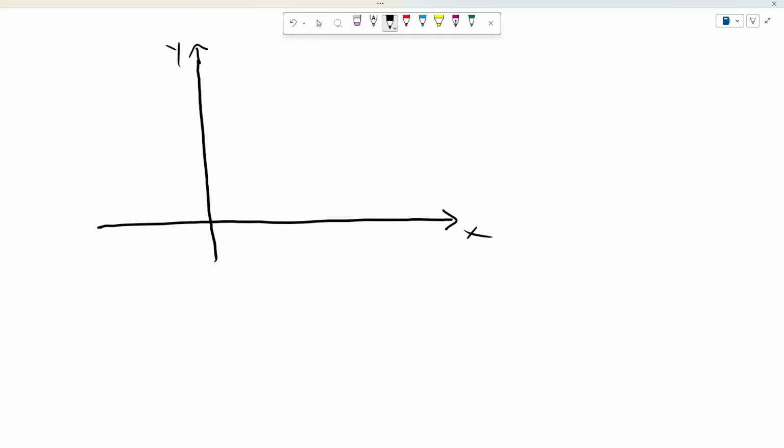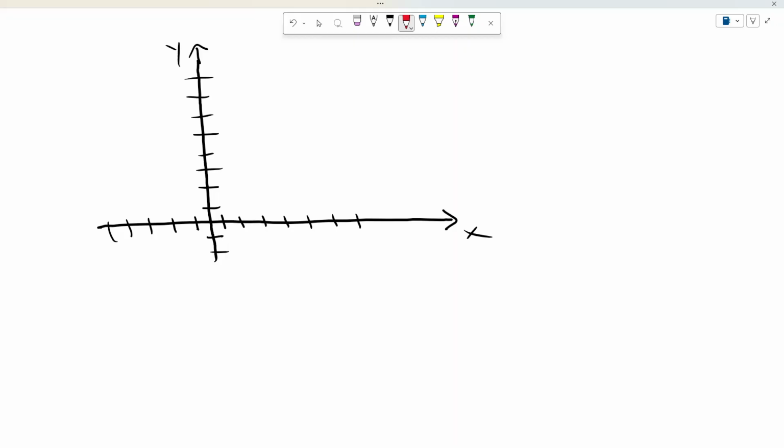All right, let's plot some points here. 1, 2, 3, 4, 5, 6.